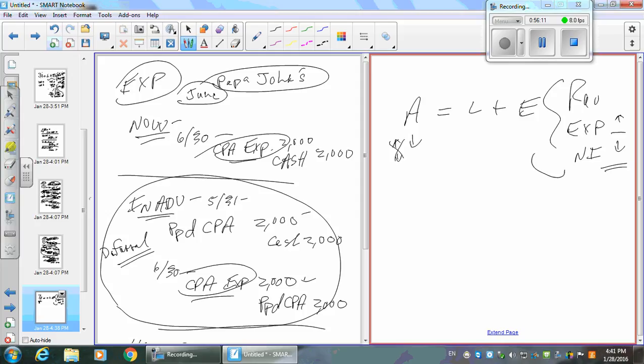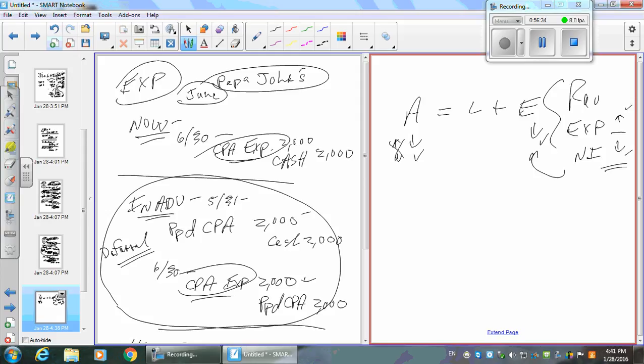And what does that do to equity? Decreases. So what's happened here is, I have no revenue, no liability in either of those entries. Nothing happened on liabilities, nothing happened on revenue, but between the two of them we end up with 2,000 less assets, cash. We have 2,000 more expense. We have therefore 2,000 less net income, and we have 2,000 less equity.